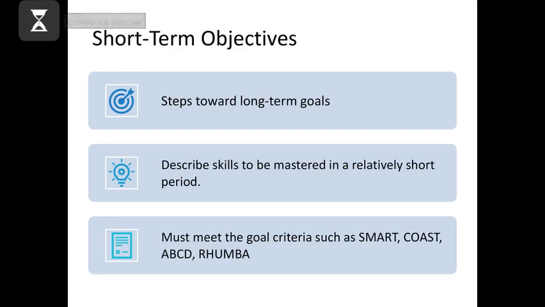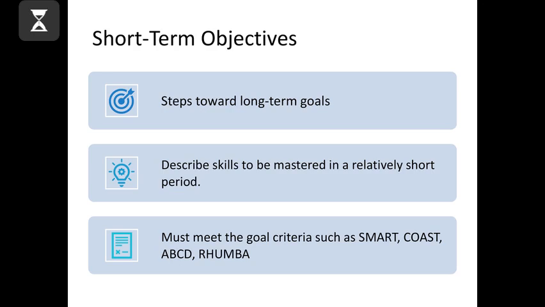So, for example, to be able to don and tie my shoes, if that's the big long term goal, by the end of 8 weeks, Johnny will be able to don and tie his shoes independently. That's the big long term goal. Wow. What are the steps to that? Remember, we've just talked about activity analysis.